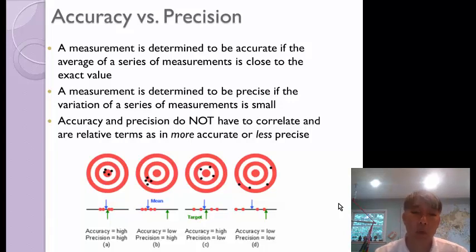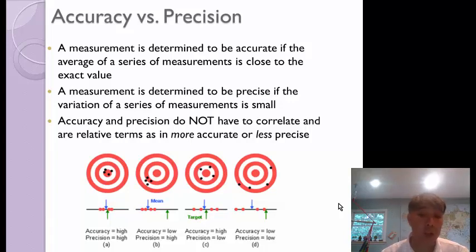It's important to note that accuracy and precision are really relative terms. Is the first example of the target accurate? Yes, it is pretty accurate, but I could be even more accurate depending on the piece of equipment that I'm using. It's all going to be relative. Which one's more precise, A or B?